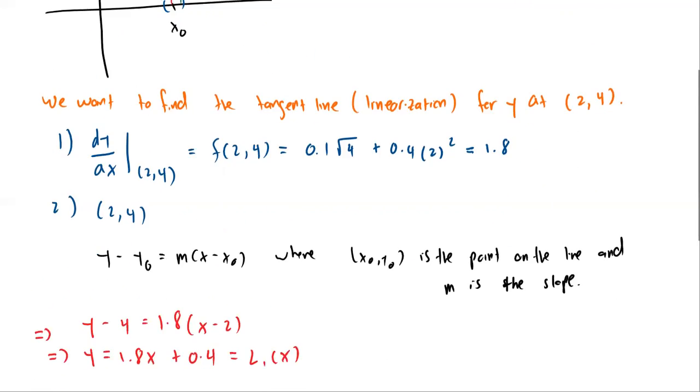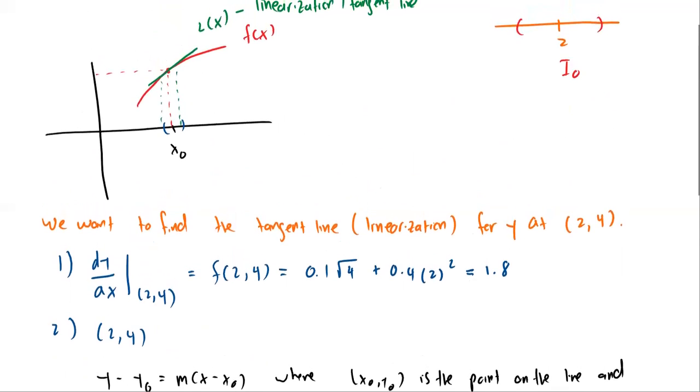And again, what's the picture of this? So our function, which in this case I labeled f, for our purposes is the solution y, a known solution that we know exists. And here, L of x is our L1 that we found.